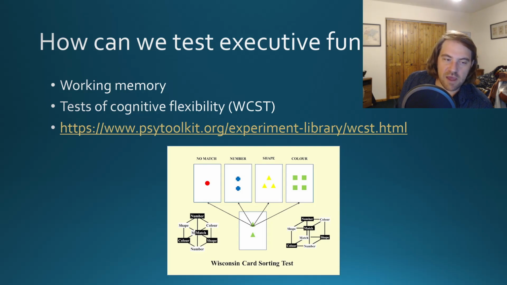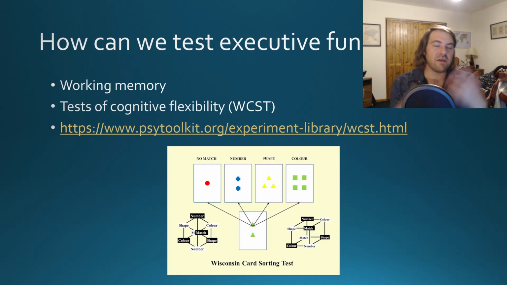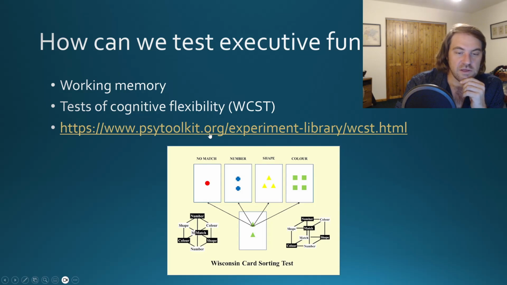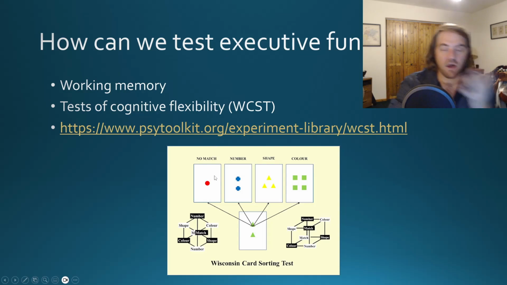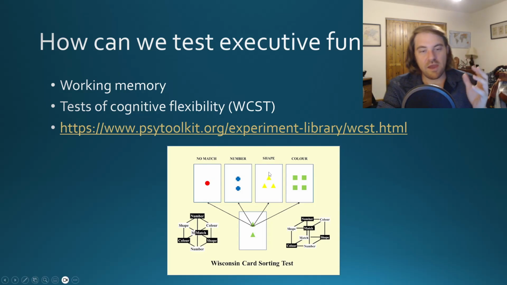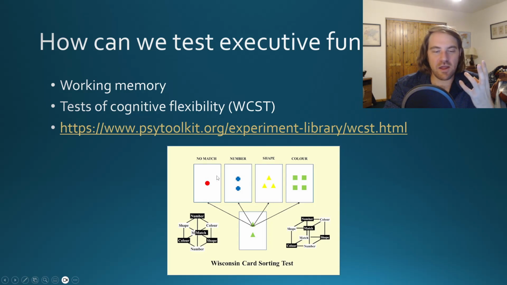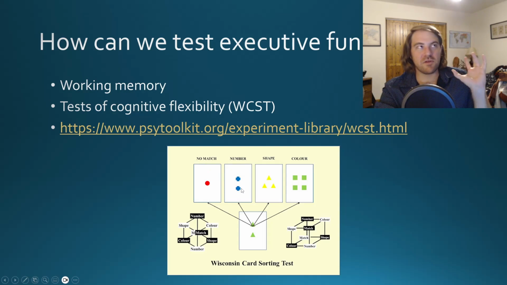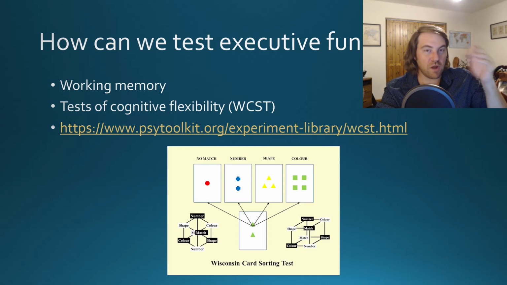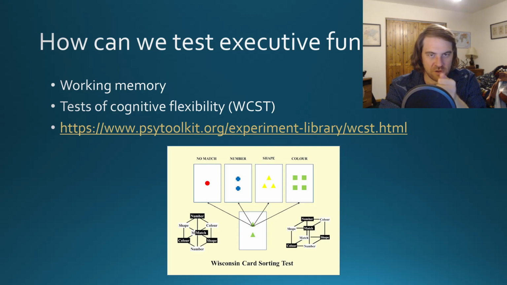There are also some tests of cognitive flexibility, like this one called the Wisconsin card sort test. Essentially, what's going on is you get a card, and you have to sort it. You can sort it on a few different things. You can sort it on number, the number of the things. There's going to be 1, 2, 3, or 4 objects, and you're trying to match it to another one.